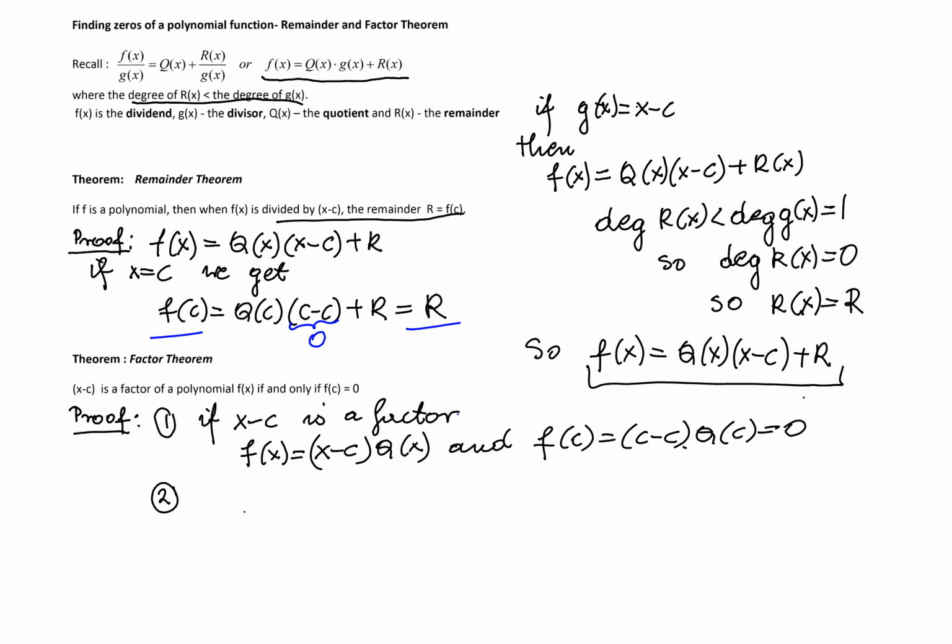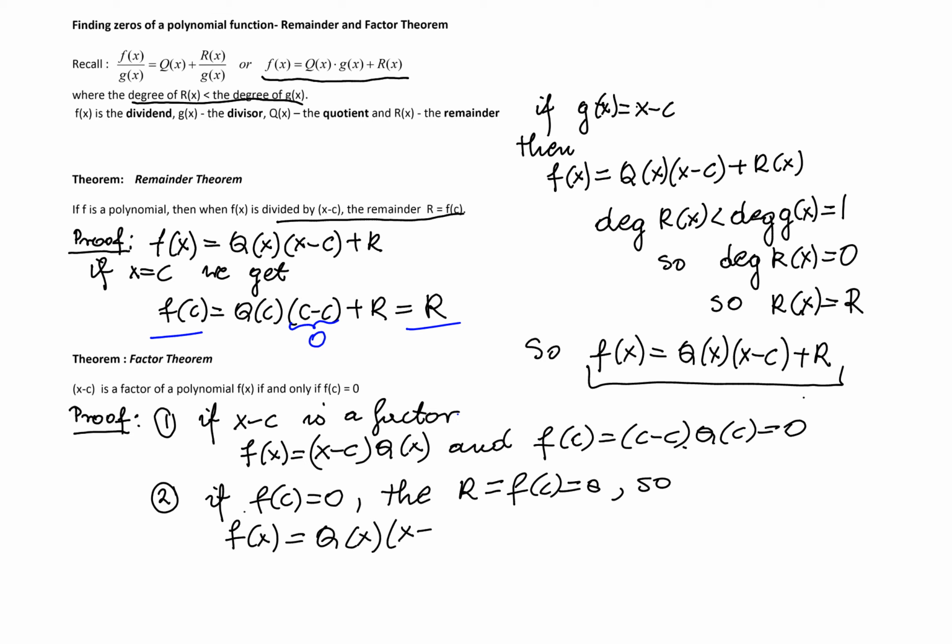Now, if f of c is equal to 0, then the remainder when dividing by x minus c is 0, and therefore we can write that f of x is the quotient times x minus c plus the remainder.